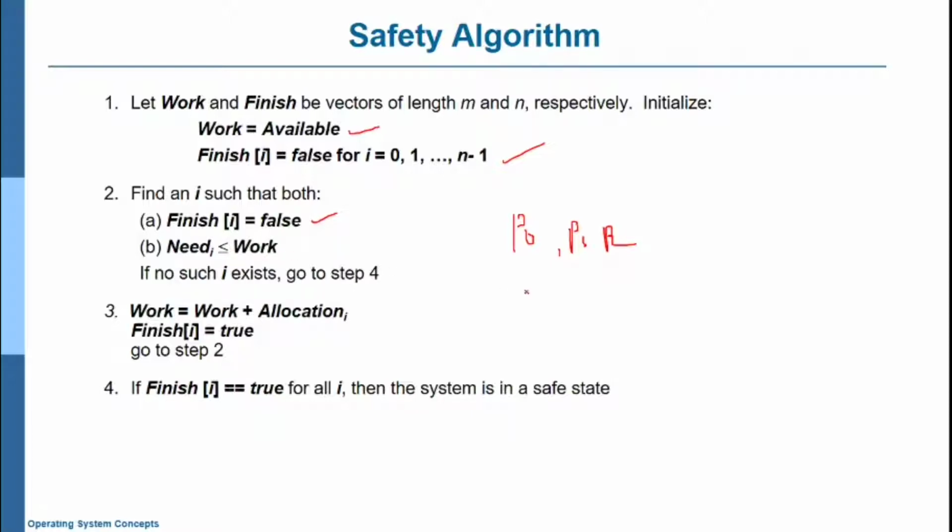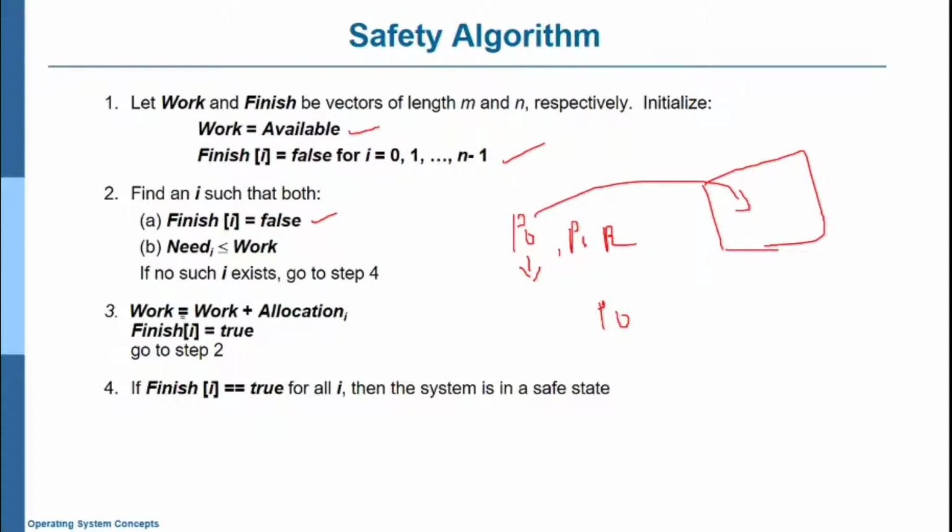If that is the case, then it can finish its work, and process P0 is in the safe state. Then the resources allocated to P0 are released; all the resources held by P0 are released to the resource pool.